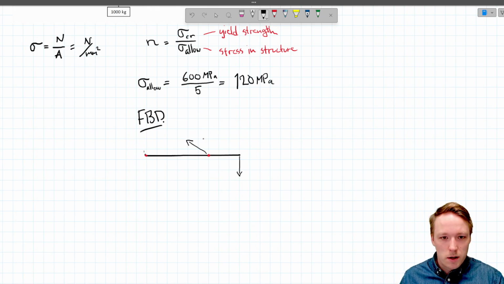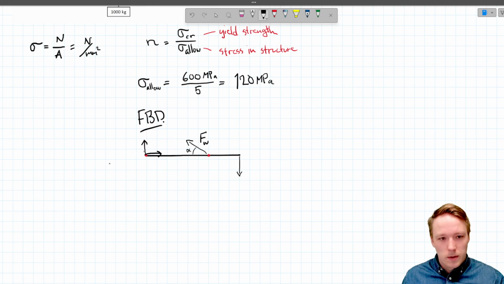So F wire, like that. It has an angle, which we can easily calculate. Angle alpha. And then in this point, we have support reaction, vertical, and then we have reaction here in horizontal direction.